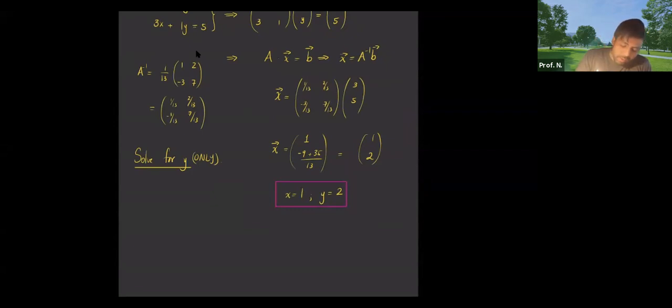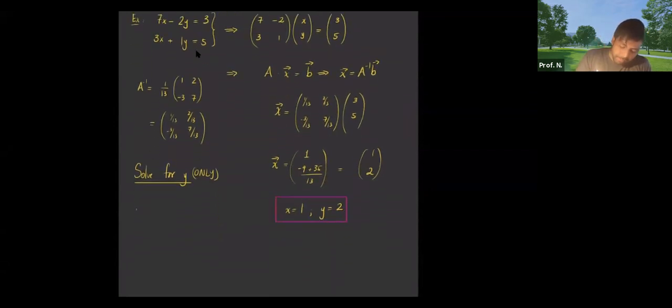So what we do is look at the coefficient matrix again, A, which is 7, 3, -2, 1.